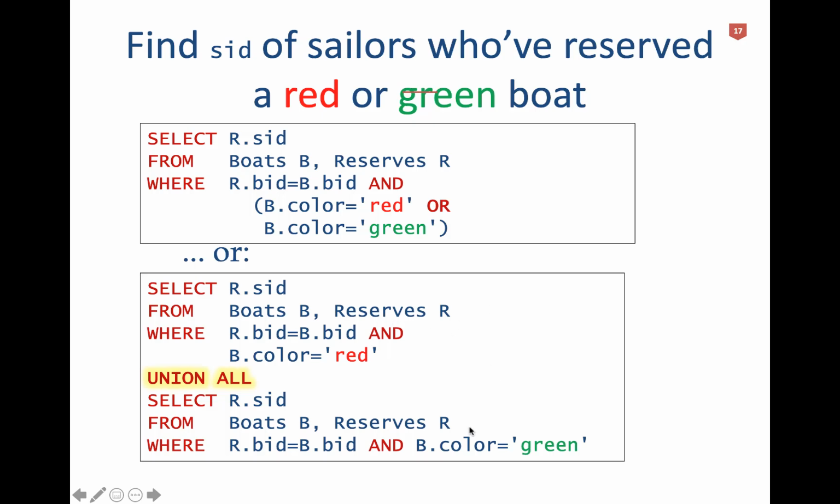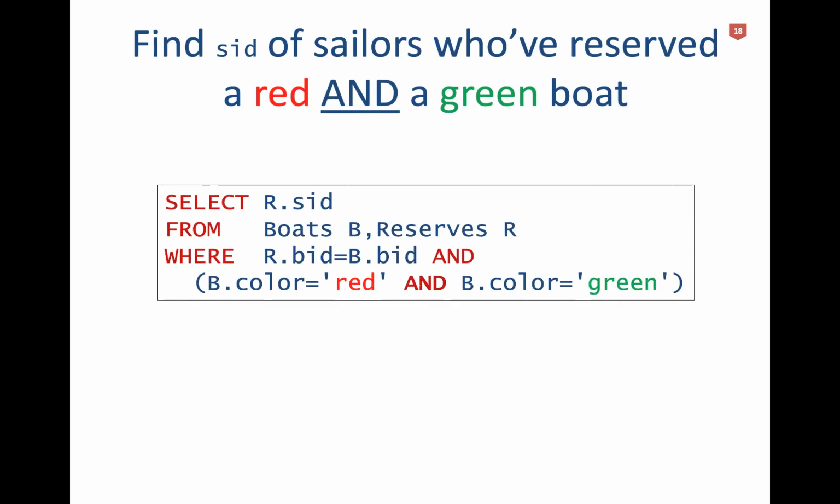Okay, so I'm going to actually join these two relations. The second relation is going to be those where the boat color equal green. So we have two options. So in this example, we were introduced to the OR and the UNION ALL keywords.